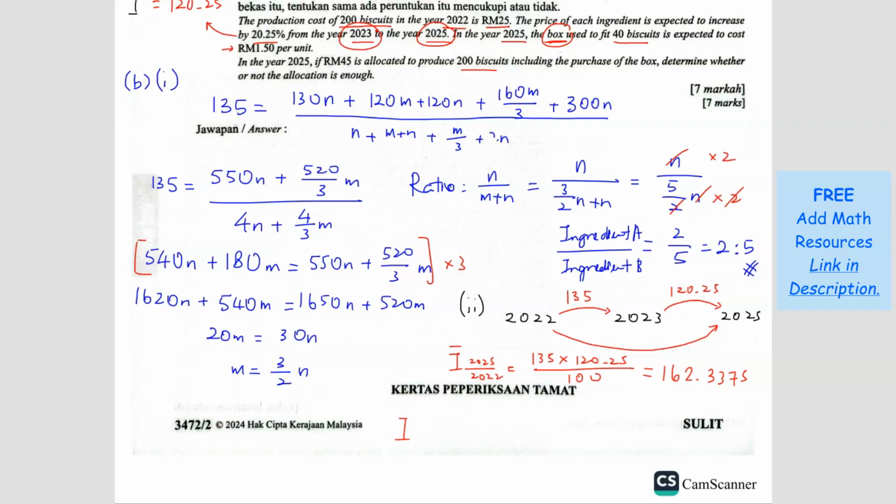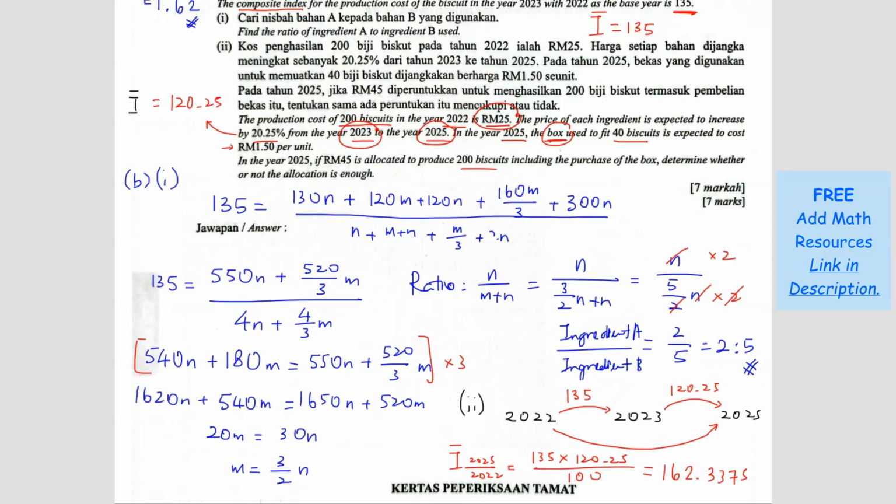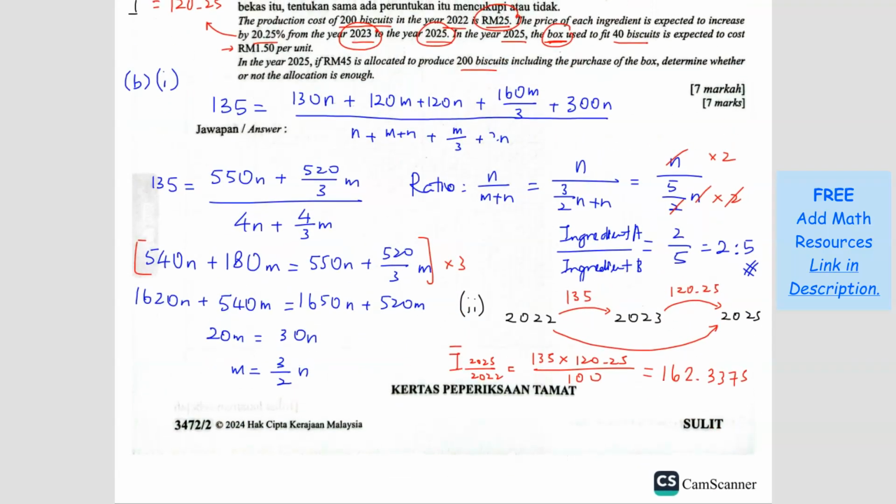Okay, because we have the price for 2022. 2022 is 25 ringgit, right? It's stated there, for those who can't see this part here. So we can use the price index formula, I equals Q1 over Q0 times 100.